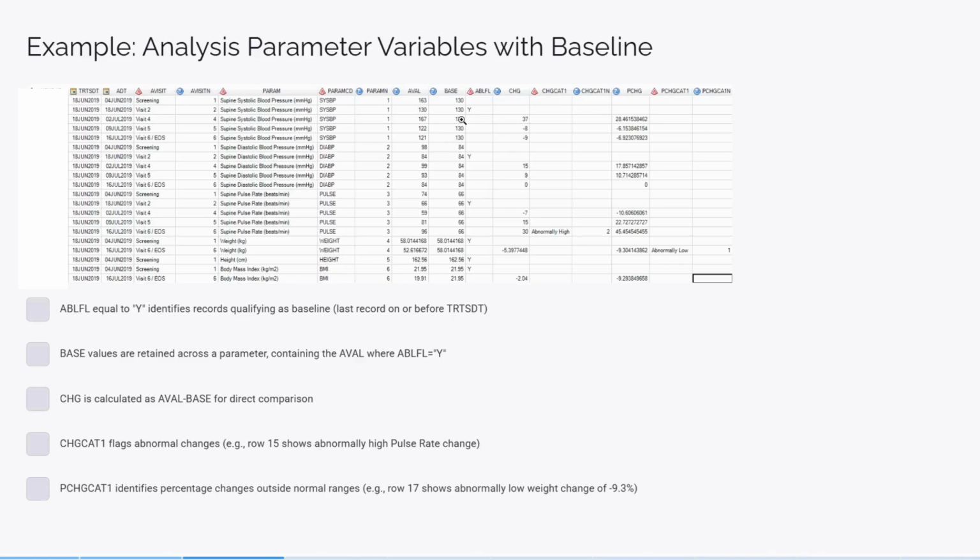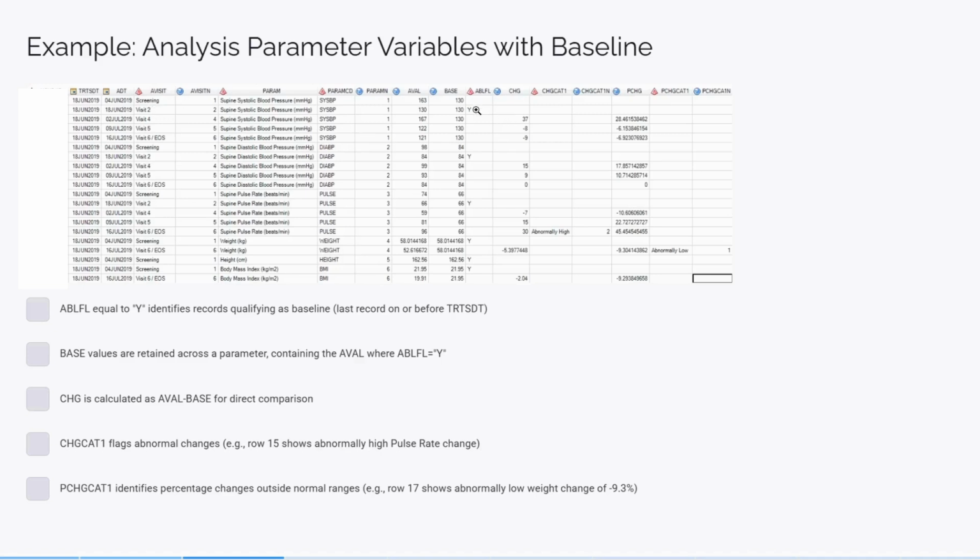For the analysis baseline flag, you're not considering the screening, because after screening no treatment is given. So after the screening, that record will be considered as the analysis baseline flag.